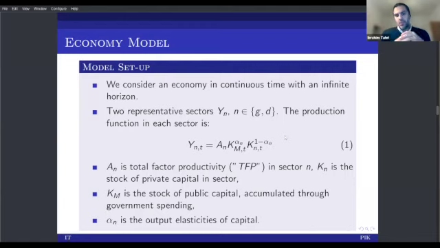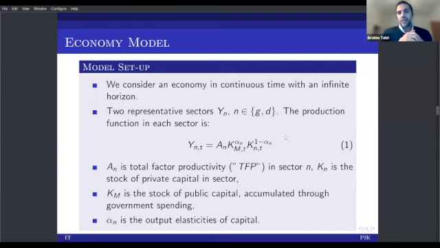I call them G and D, basically green and dirty. The production function of each sector is the classical Cobb-Douglas function, with A being the total factor productivity.